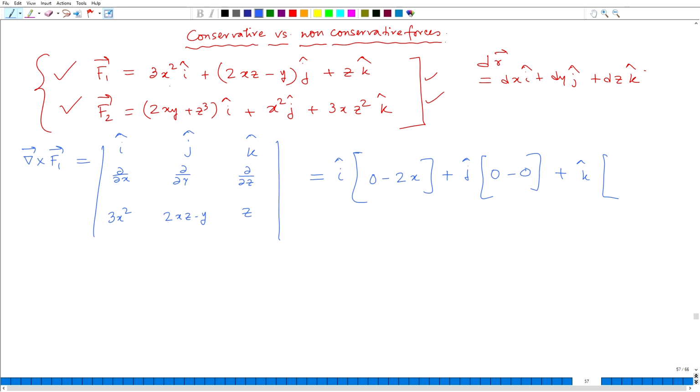Now, you will have 2z minus 0. So, you will have actually minus 2x i cap plus 2z k cap. So, this is not a null vector. So, this force field is not conservative.